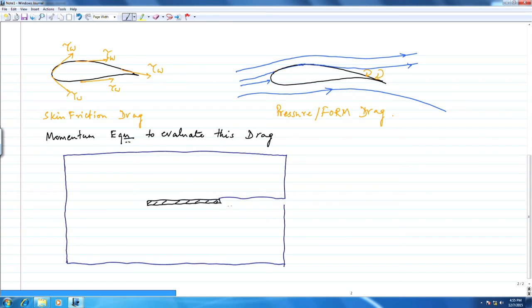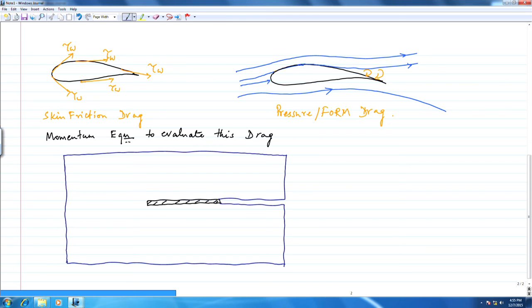Now, this is going to be a straight line. Please bear with me. I'm drawing it sort of like this, but it's going to be a straight line.